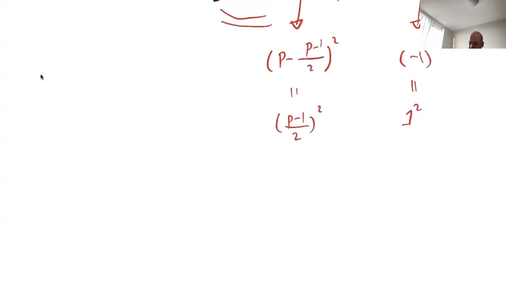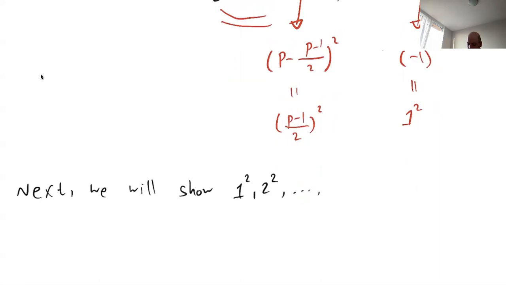So next, we will show that 1 squared and 2 squared all the way to ((p minus 1)/2) squared are distinct mod p.